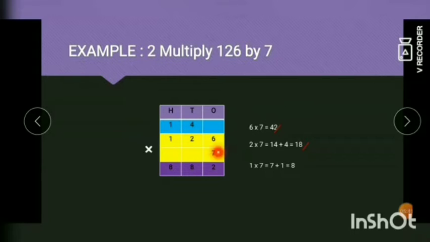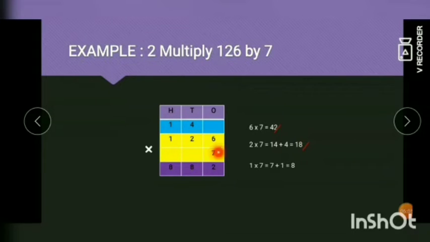Next we multiply the tens place value. 7 2s are 14. So we add 4 to that number. So 14 plus 4 equal to 18. So we write the number 8 in the tens place and carry over 1 to the hundreds place.